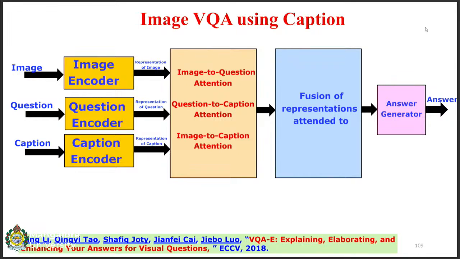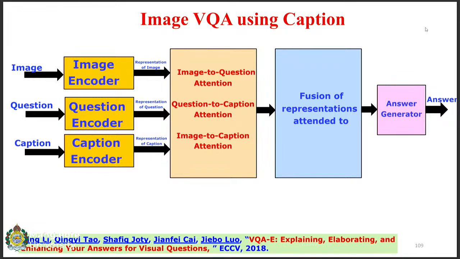As you can see here, I have the image, I have the question, then I pass this image to a caption generator and then generate the caption, because the caption will have some information about the content of the image that can be helpful in answering the question, right? So we get the caption from the caption system, then take these three inputs and then come up with the answer for the question.